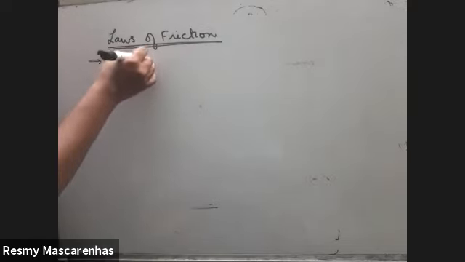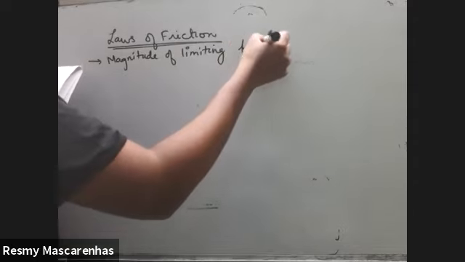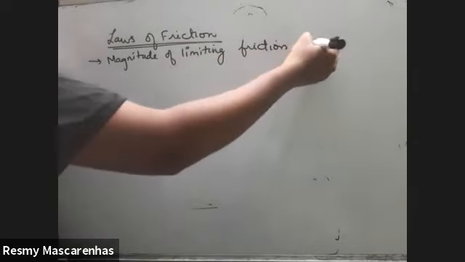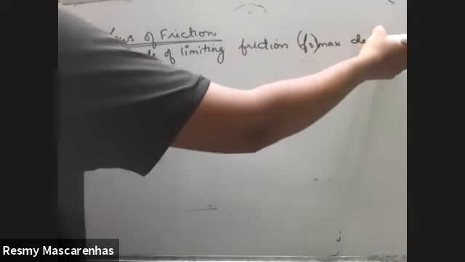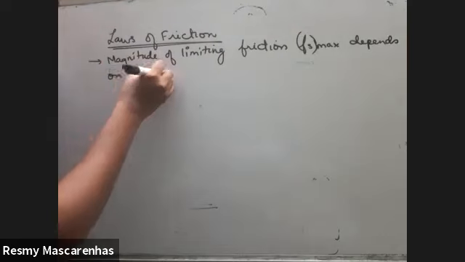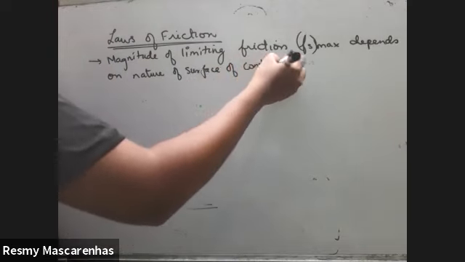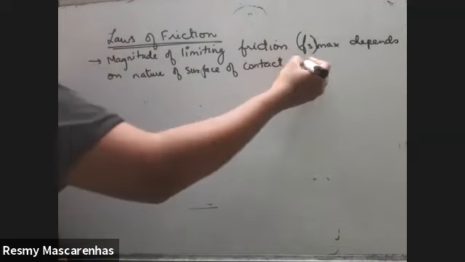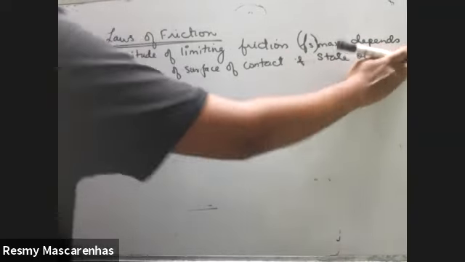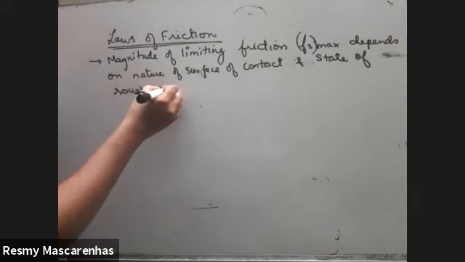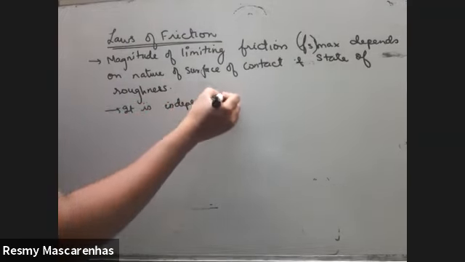Just like some notes: the magnitude of limiting friction, that is f of s maximum, depends upon the nature of the surface of contact and the state of roughness, how rough it is. It is independent of area of contact.